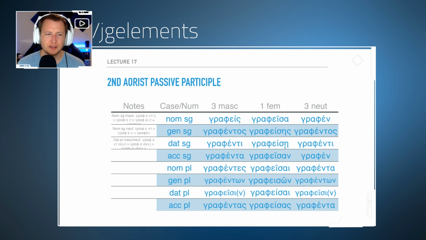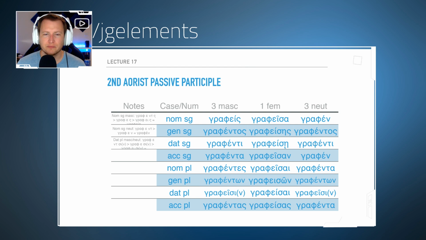That's how you know this is passive. Now, this one's a little unique because graph is still the present tense stem. But for whatever reason, writing is, I guess, passive when you're talking about scripture. It is written. It was written.